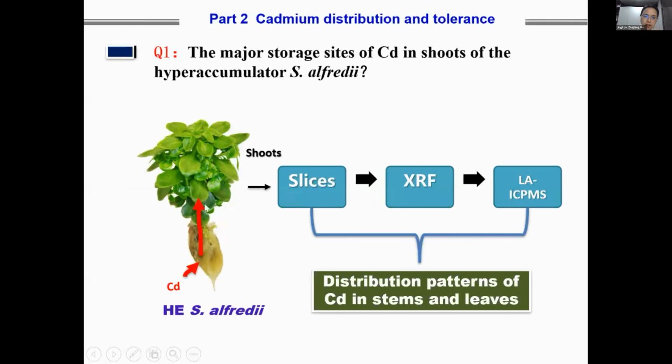So to understand these questions, we used XRF and also LA-ICP-MS to image the cadmium in the different tissues of the aboveground parts of these plant species.